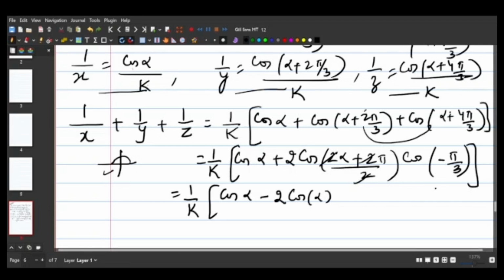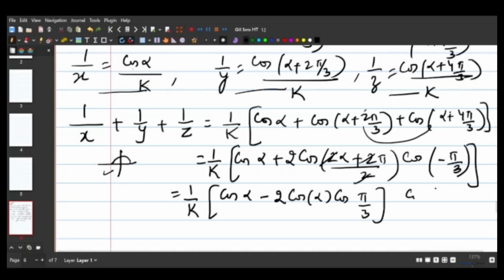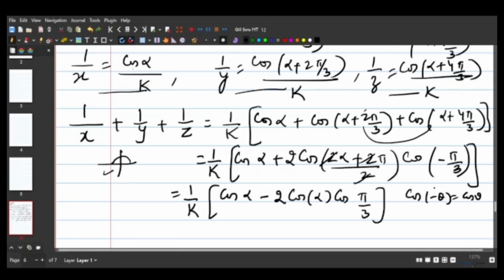Now cos minus pi by 3 would be written as cos pi by 3, because I told you cos of minus theta is cos theta. Children make this mistake very commonly: with cos minus theta, most of them write the minus outside.